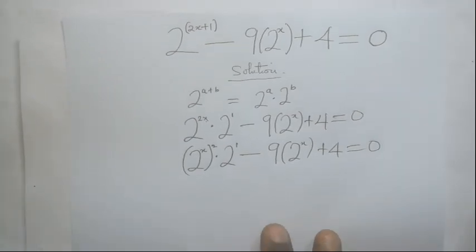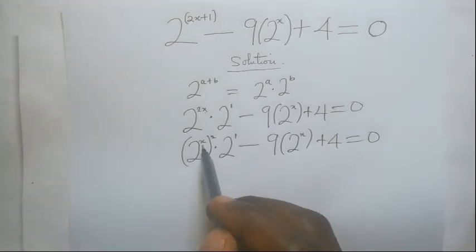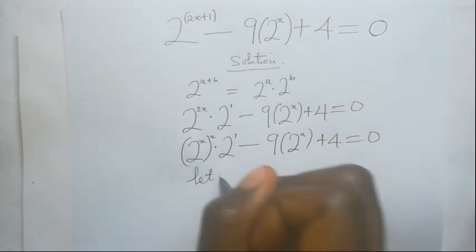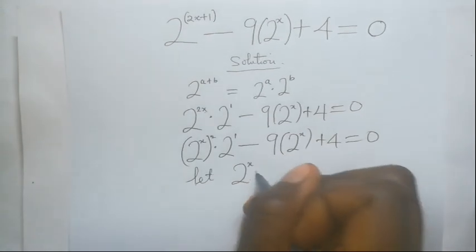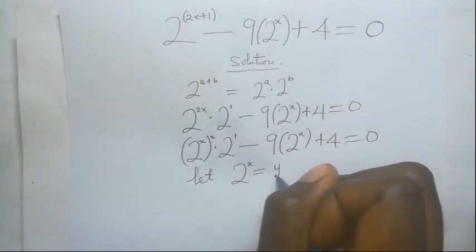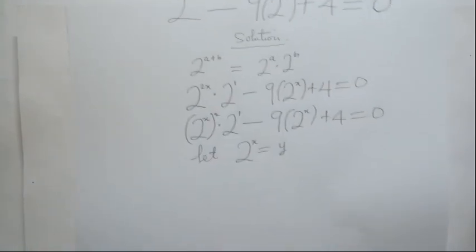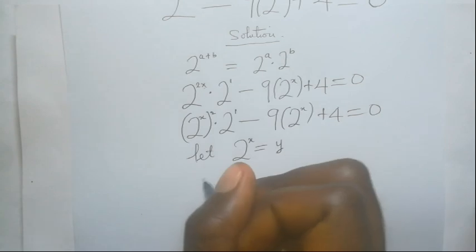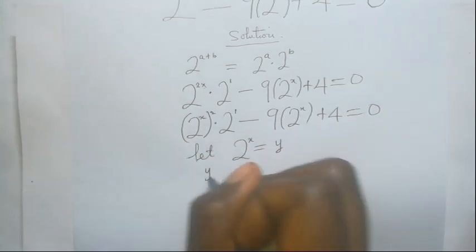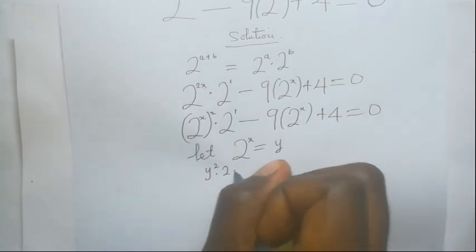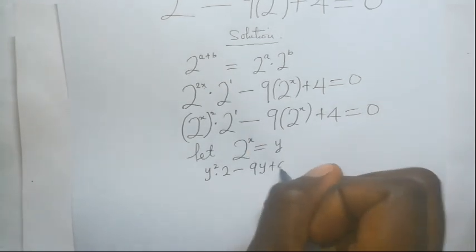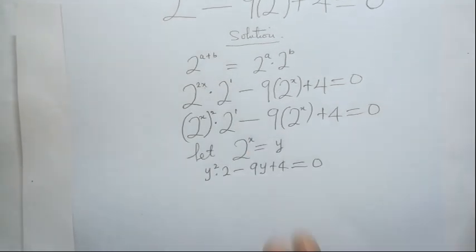So you see, we have 2 to the power of x all bracket square. From here I can say let 2 to the power of x be equals to y to simplify our solving. So here becomes y square dot 2 minus 9y plus 4 is equals to 0.